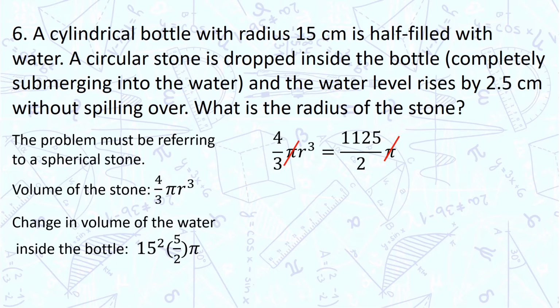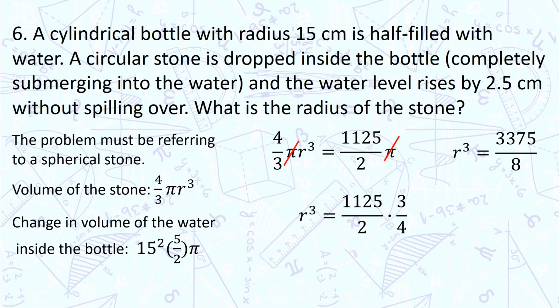And then multiply both sides by 3/4, we get r cubed is equal to 1125 over 2 times 3/4, and that is r cubed is equal to 3375 over 8. We get the cube root of both sides. R is equal to 15 over 2. So the radius of the stone is 7.5 centimeters.